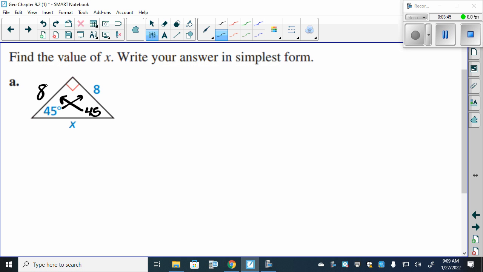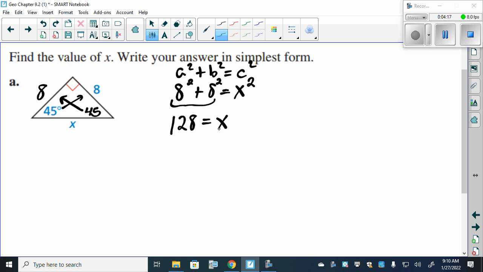Now, let's find this using the Pythagorean theorem, like we had yesterday: a squared plus b squared is equal to c squared. Well, x is our hypotenuse because it's opposite the right angle. 8 squared plus 8 squared is 128, which is equal to x squared.